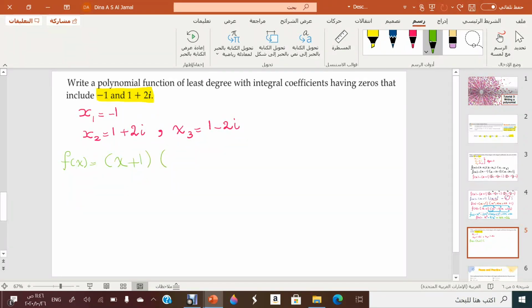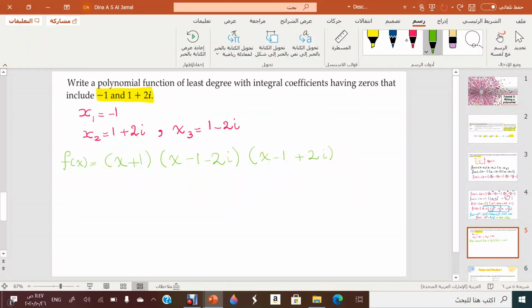Then x minus this expression, so x minus 1 minus 2i. Then x minus this expression, so it will be x minus 1 plus 2i.